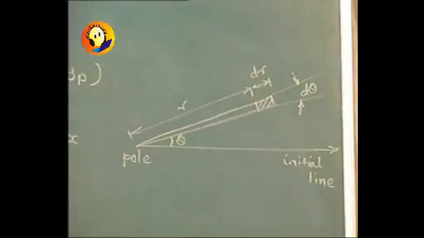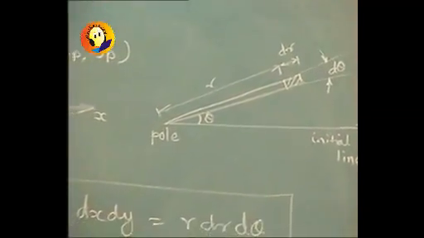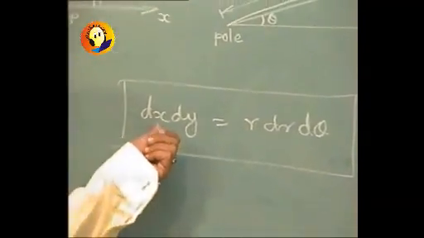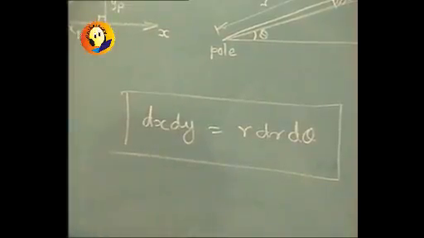Of course, using the Jacobian, we can easily prove that dx dy is equivalent to r dr d theta. So in the integration, when we come across the dx dy term, it should be substituted as r dr d theta.